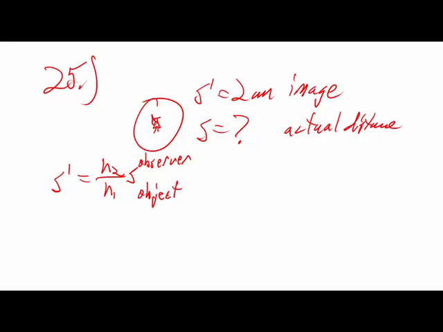So the observer is in air. Here's the person up here looking down at it with their eye. Let's solve for S now.